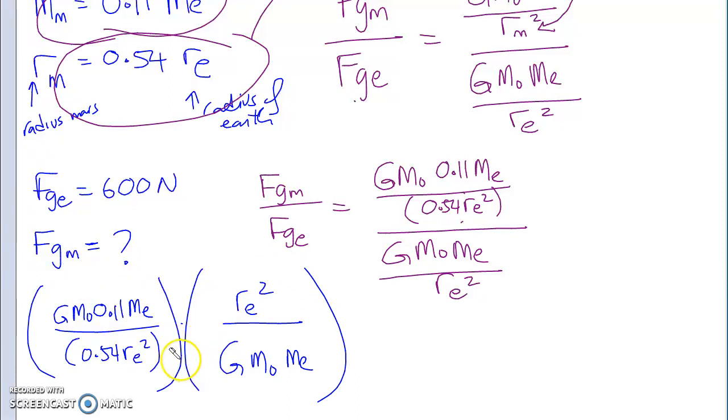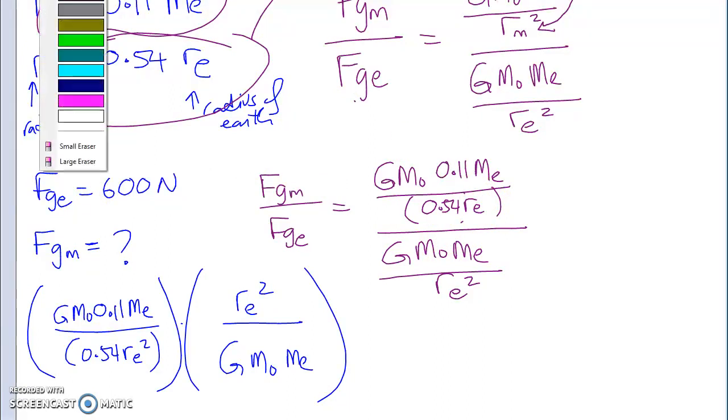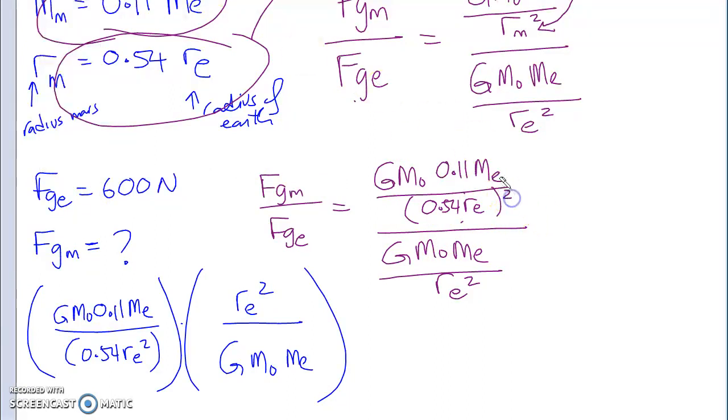Now when you do this, at the bottom you have 0.54 RE, and the whole thing is supposed to be squared, outside like this. So you're going to square both of them, square this and square that, because the 0.54 was missed.